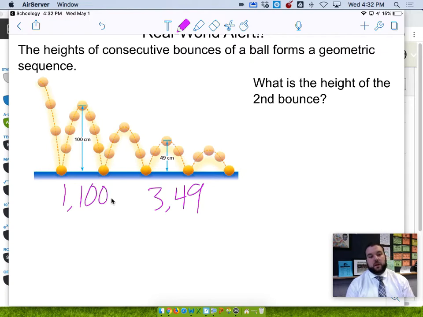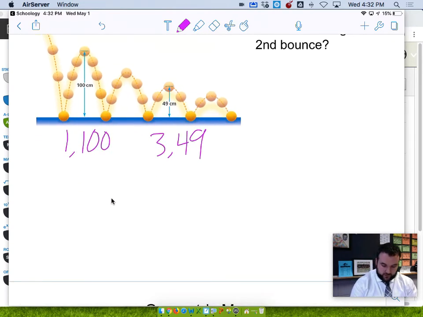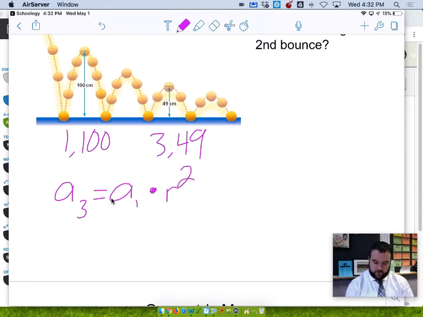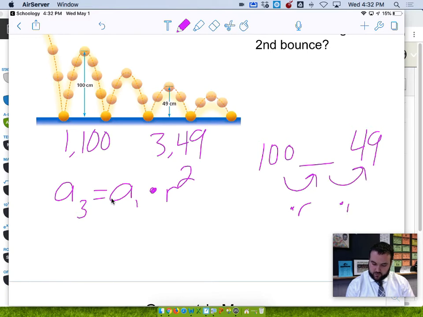The way I'm going to set this up is I'm going to say, well, the third term must be equal to the first term times that common ratio squared. Because to get from 100, then a blank, then 49, I must have times by r twice. Now, I know that the number's getting smaller, so you might think I'm dividing.